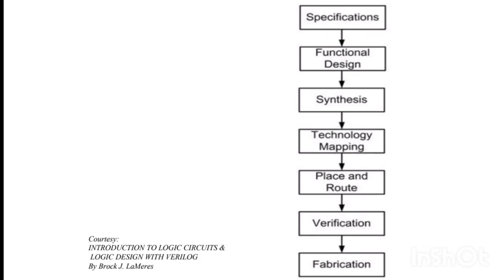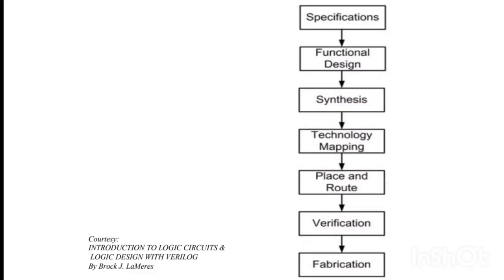The fourth one is technology mapping. In this step, we need to select a logic technology that will achieve the already mentioned specifications for the system, for example a 32 nanometer CMOS ASIC design.